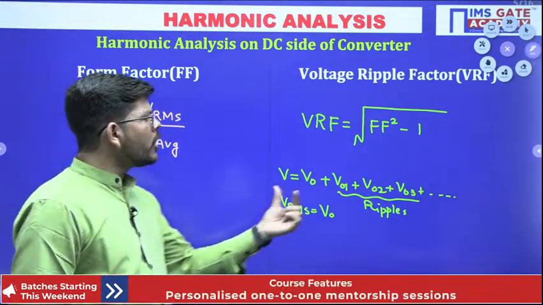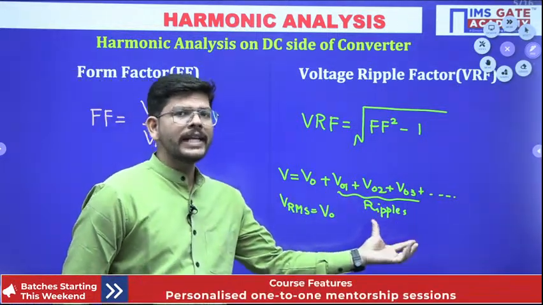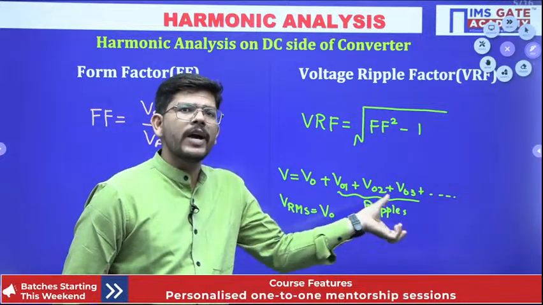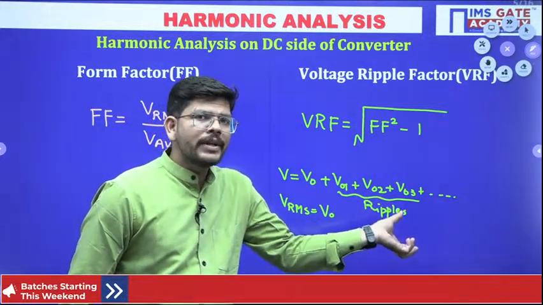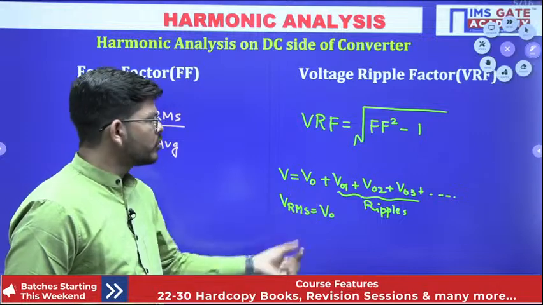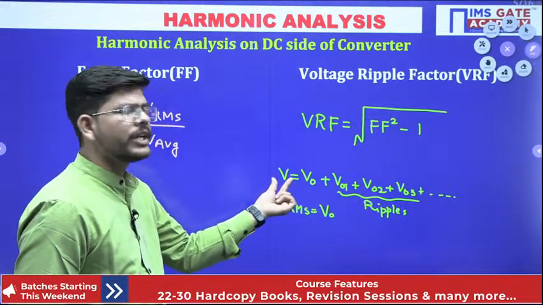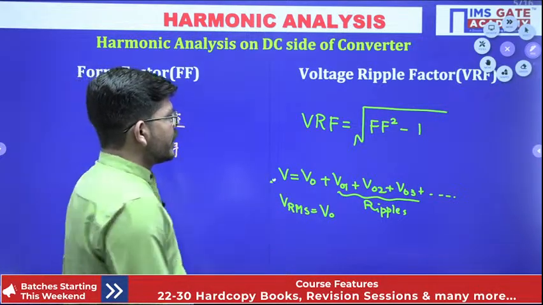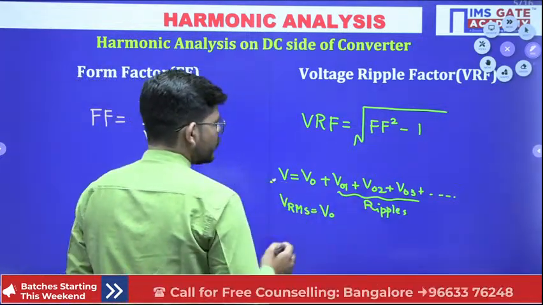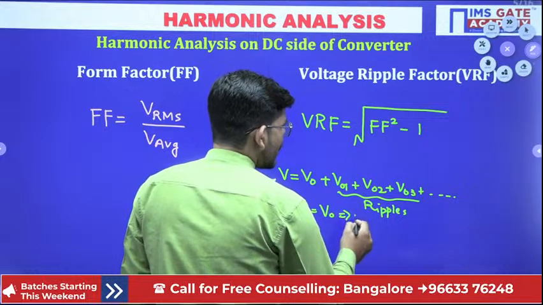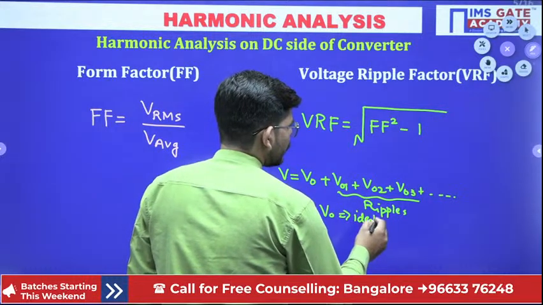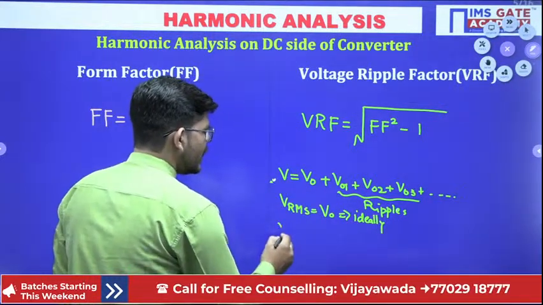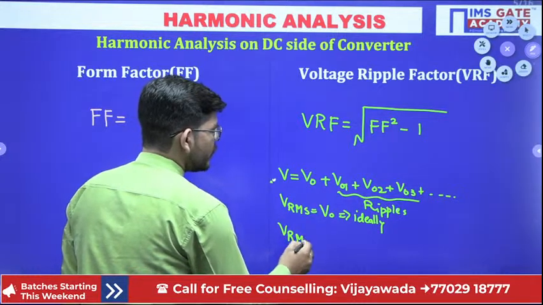We do not want these components to be present in the perfect DC, but we are forced to have these components present in the DC voltage. So if we calculate the total RMS value, it will be the sum of all the components. This is what we require ideally. But practically, how are we going to get this RMS value?